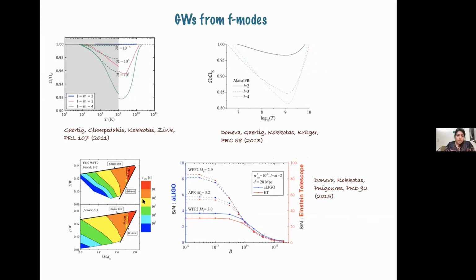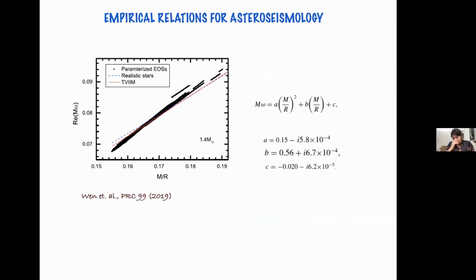On the other hand, they also showed that it's rather the l equal to 2 mode which becomes dominant for the post-merger scenario. Finally, I want to mention there is a recent paper, also from the group of Bao and Lee.